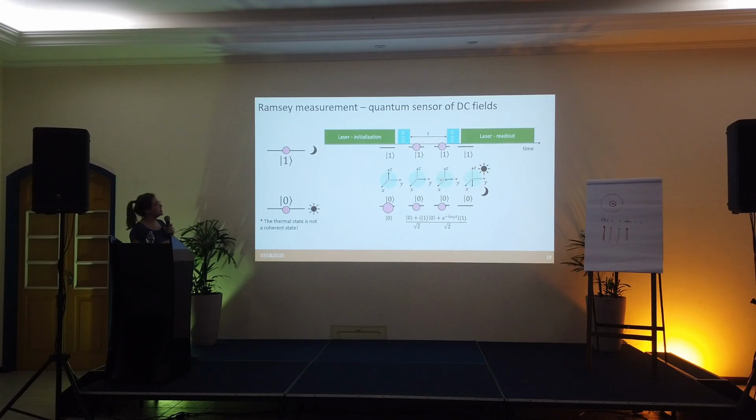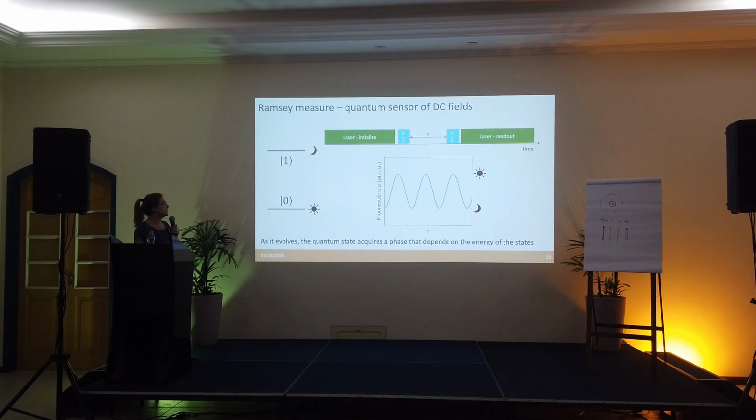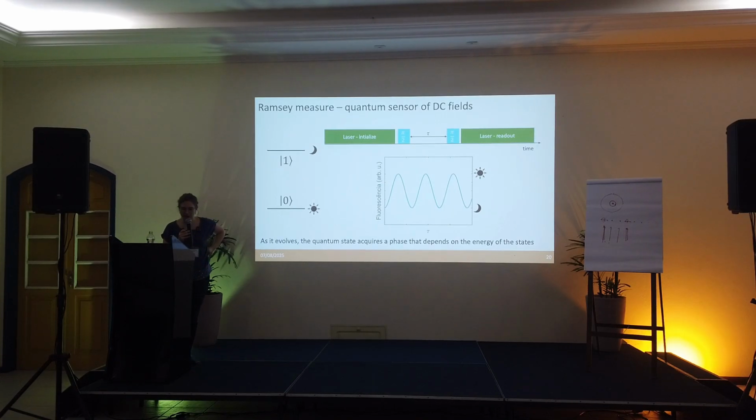Now, again, I repeat this measurement a number of times, and I track the fluorescence of my system versus the delay time between these two pulses. And what I see is, again, an oscillatory behavior like this. My system oscillates between being bright and being dark.